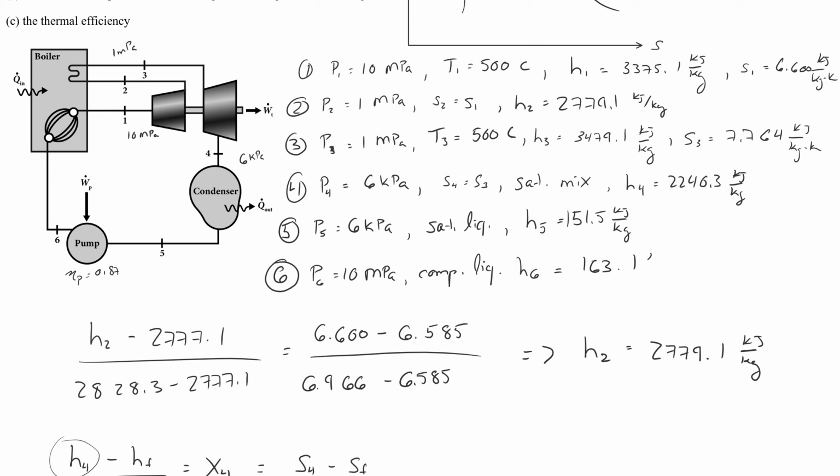All right, so I'm starting at 1, which is a superheated vapor. And I'm expanding down to 2, which is still a superheated vapor, and then I'm reheating to 3, which needs to be at the same temperature as 1.